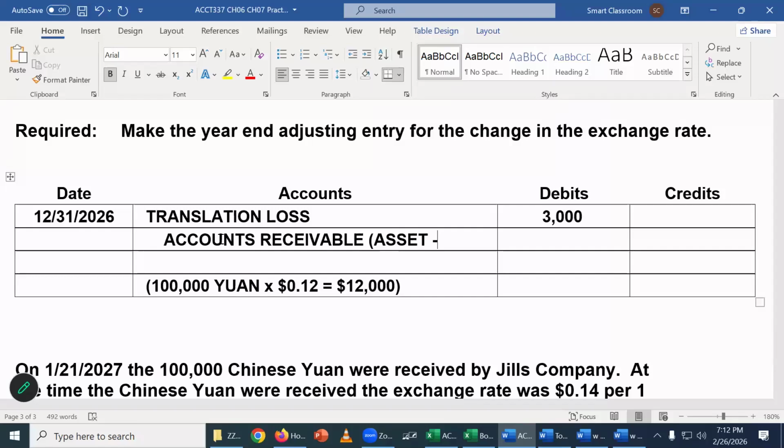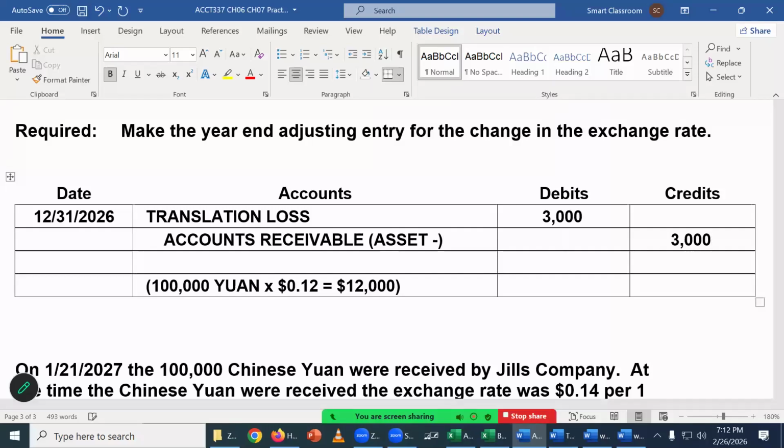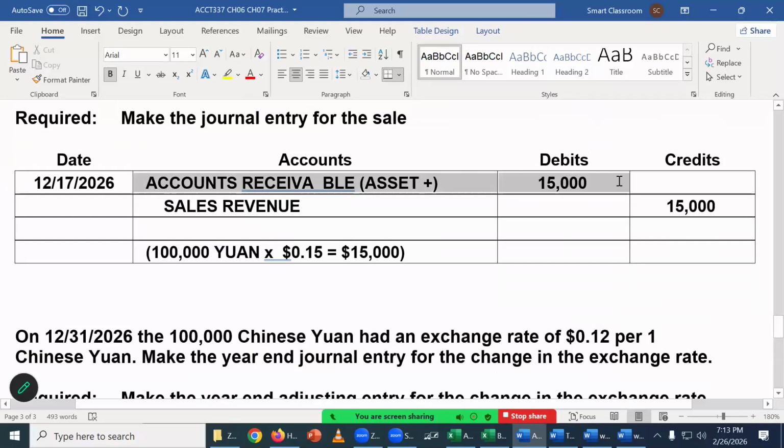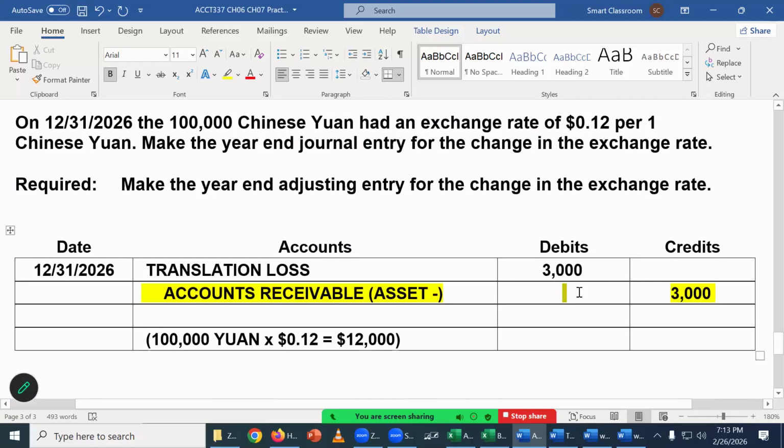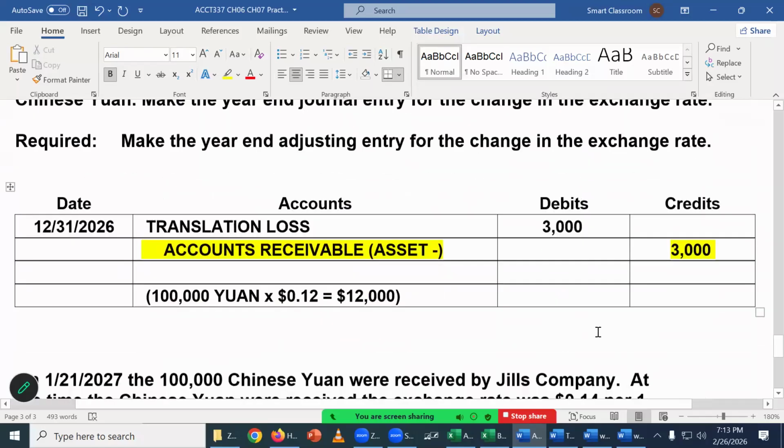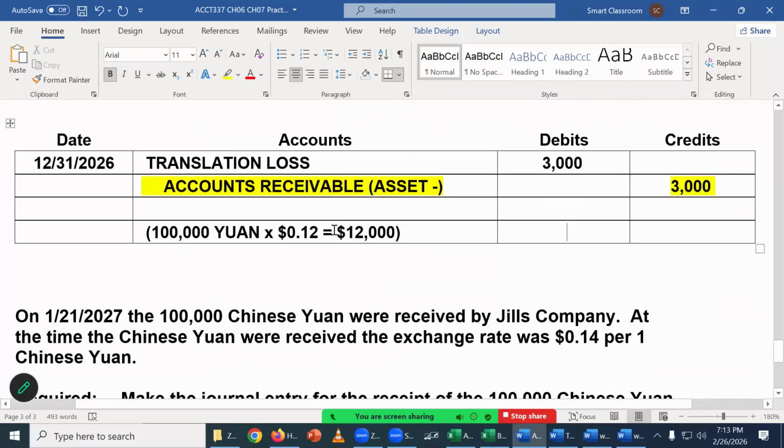We're not going to collect 15,000 US dollars. It's more likely we're going to collect 12,000, so we have to take 3,000 out of it. So 15,000 minus 3,000, that's what they owe us now, and that will come up with the same 12,000.